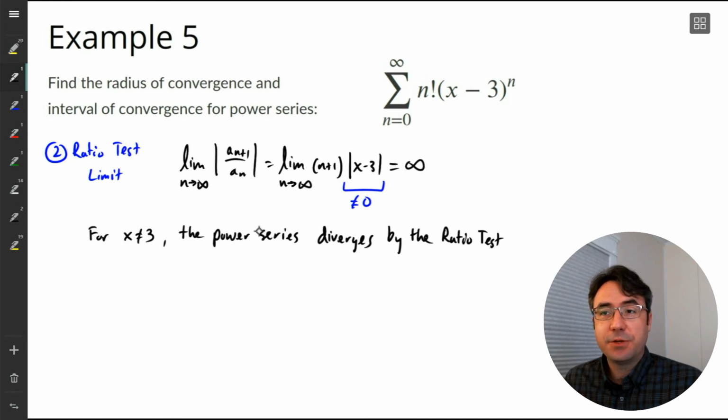So we've done the ratio test, and we've shown that no matter what x is, this limit gets really big, goes to infinity. And so the ratio test says that power series is always going to diverge, with that one exception.